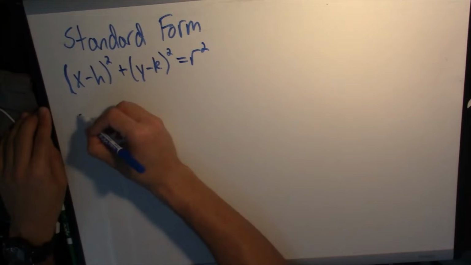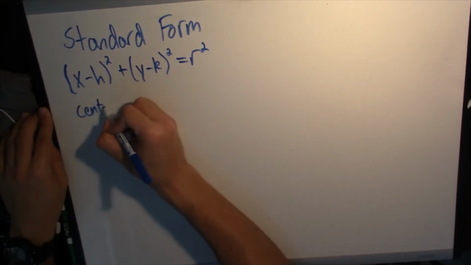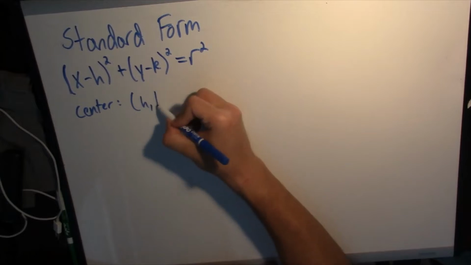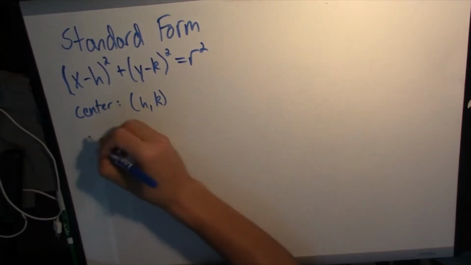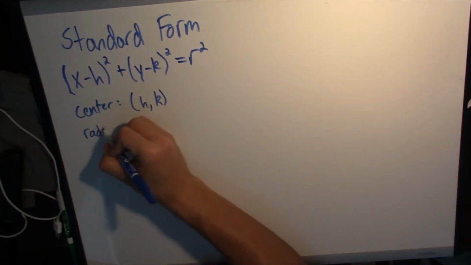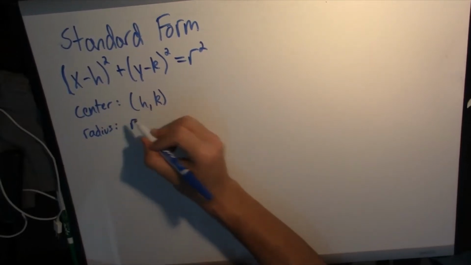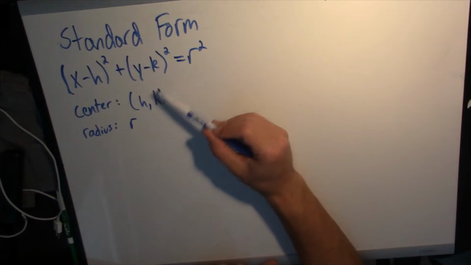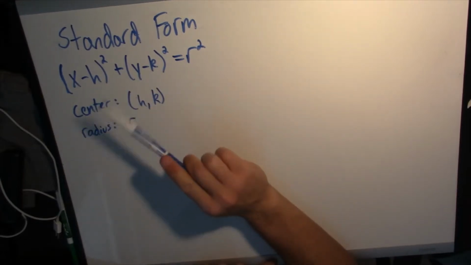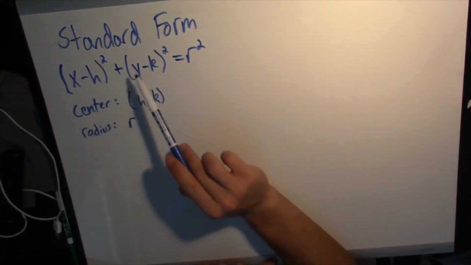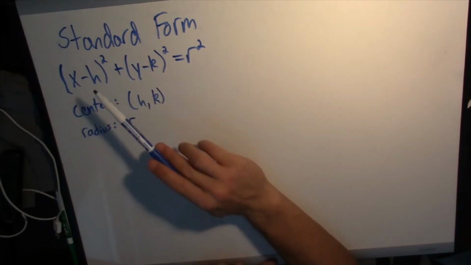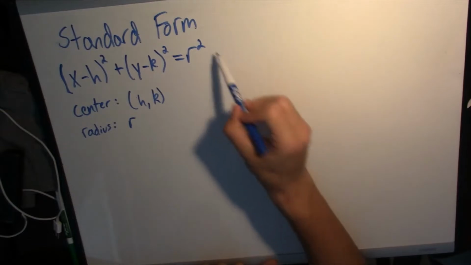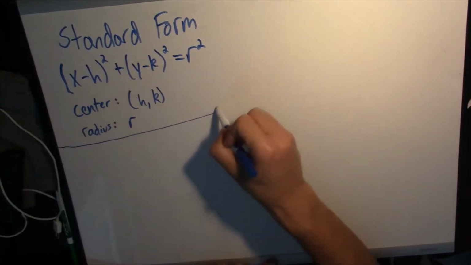Where h and k gave us the center of the circle, we said the center was (h, k), and r was the radius. So we had to take the square root of whatever this number was to get the radius. And we looked at the opposite sign, so if it was a minus, we got positive h. If it was a minus, we got positive k. If it was a plus, we got a negative number. So this was what we used the entirety of last week.